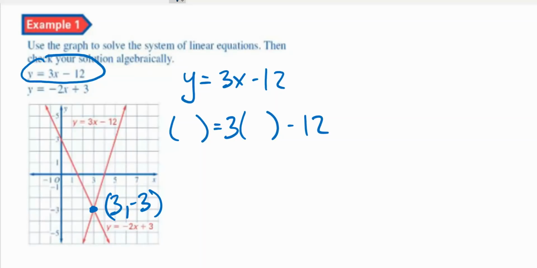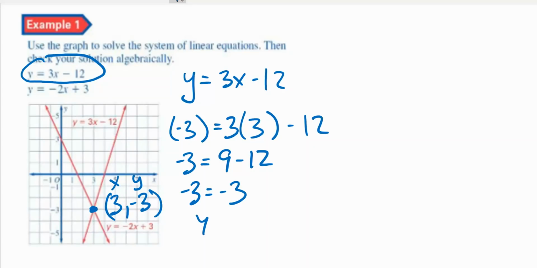So we're going to plug in a -3 for y, these are x and y, and a 3 for x, and say 3 times 3 is 9, and 9 minus 12 is -3. So yes, that works.